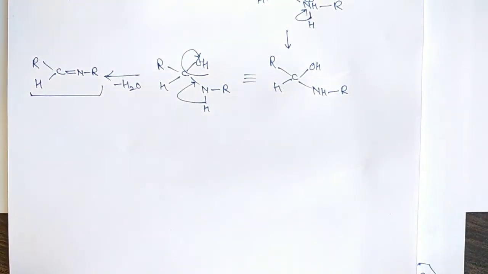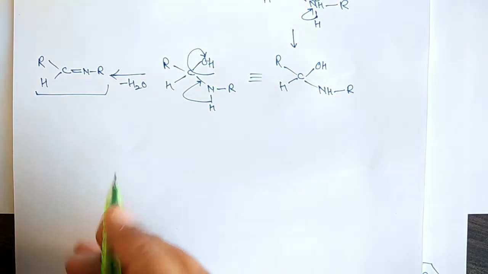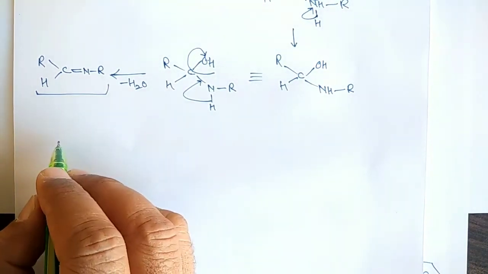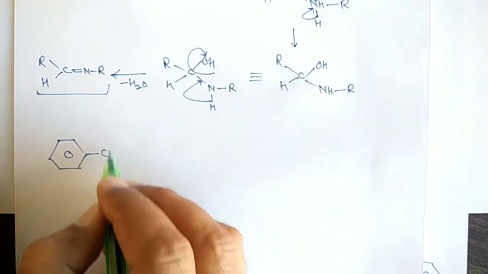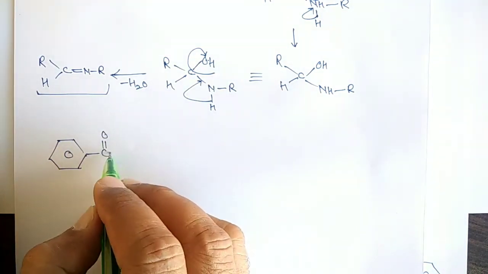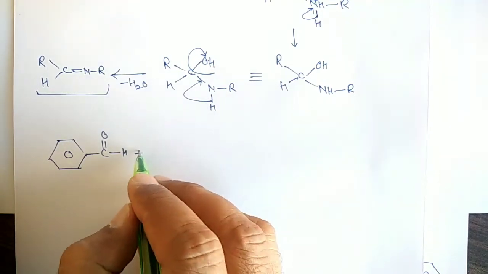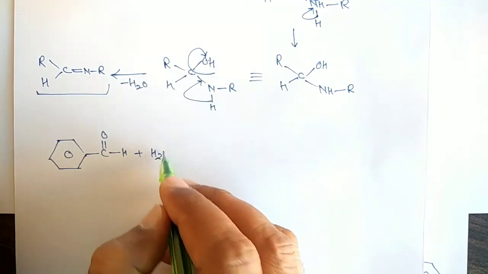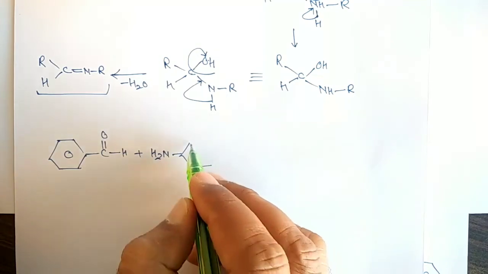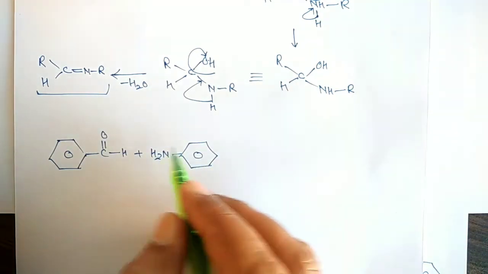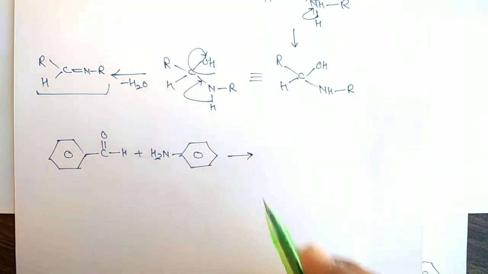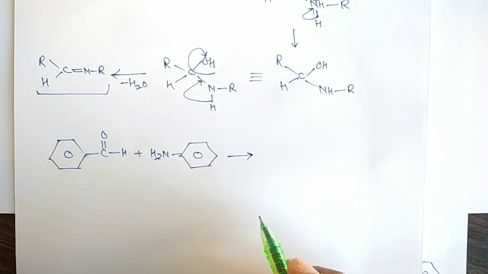Now we will take an example. We have here benzaldehyde, C double bond O, here is H. Now what we have to add to it is aniline. If we add here the aniline, this is called primary amine. So when they combine together, we get the Schiff base here.